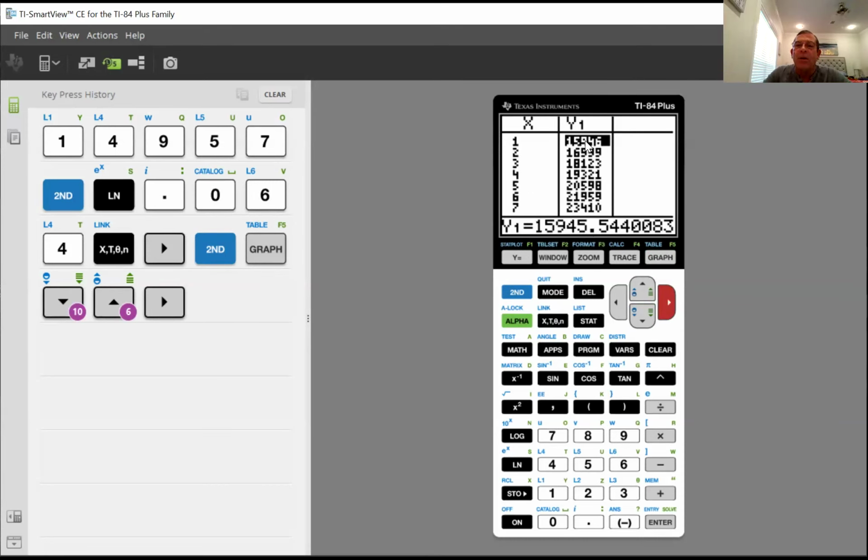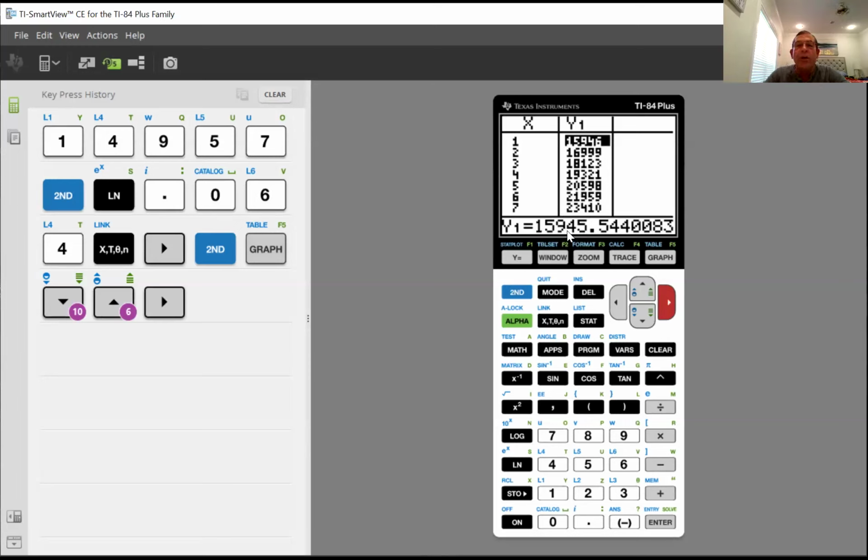See, the Y values on the table are actually rounding them off, but when you click on each value, you get the decimal form of it. So after 1 year, this would be 15,945.54. And since there's a 4 after, we don't round up, so we'll keep that 54.